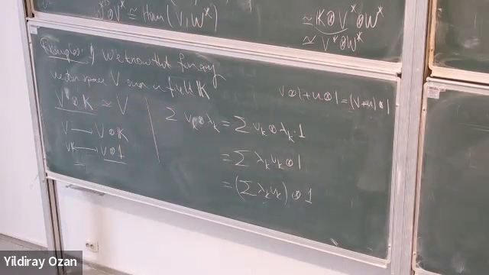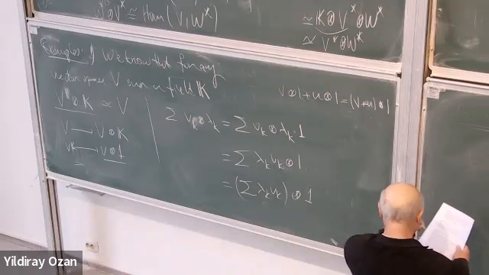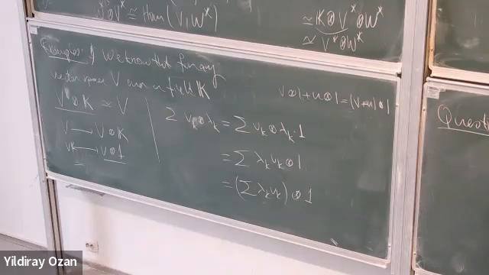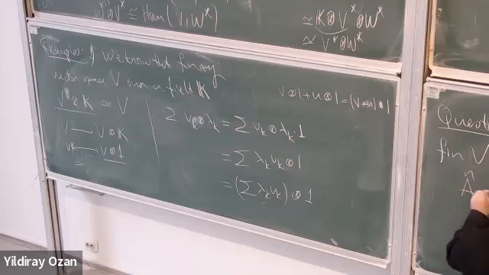Okay. Size bir soru sorayım. If let's say e1 to en is a basis for V, then the map, which is given like this, sum of ei tensor ei star, i from 1 to n, is what?